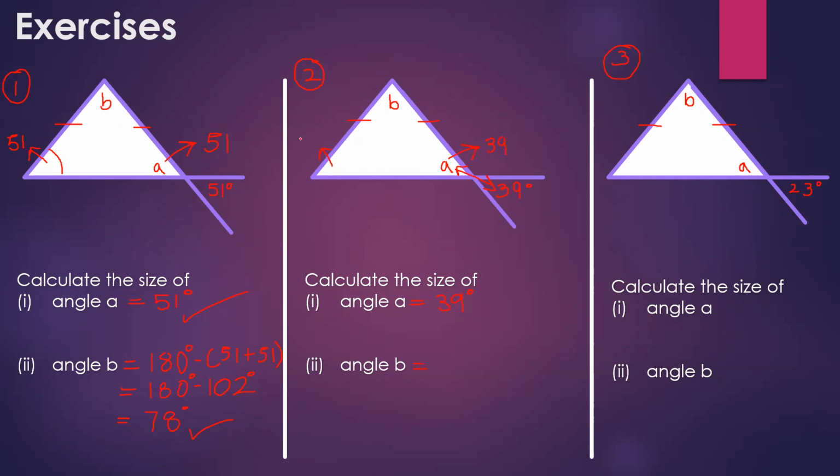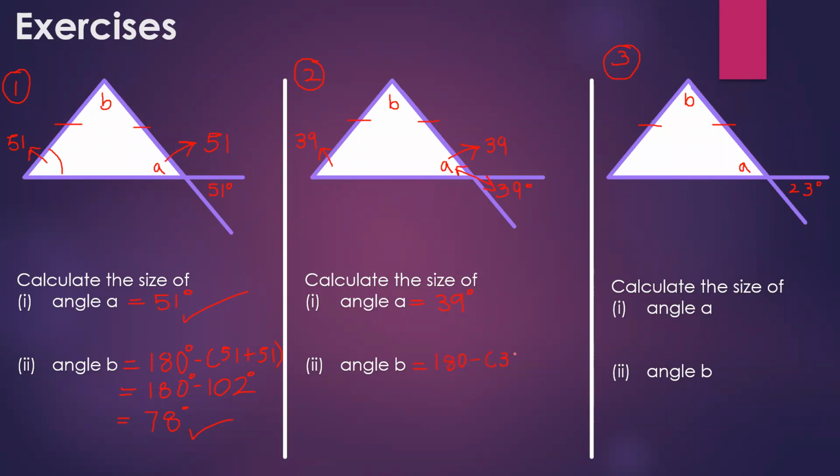That's going to be 39 as well. So 39 plus 39 would be 78.